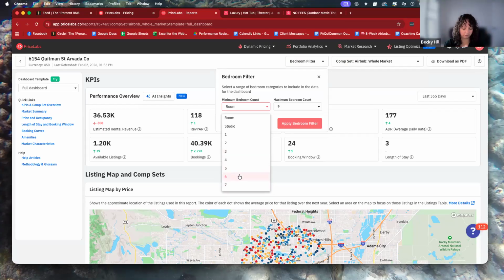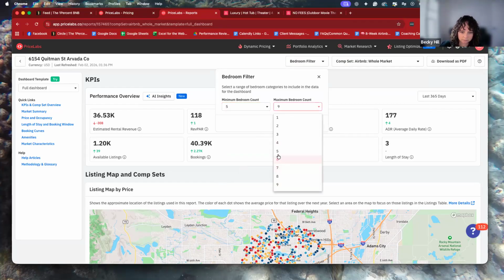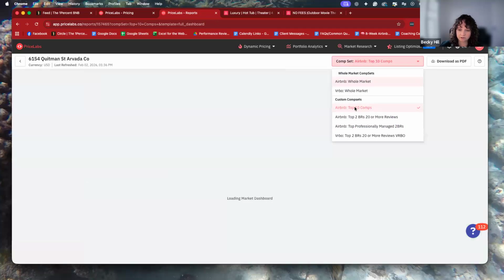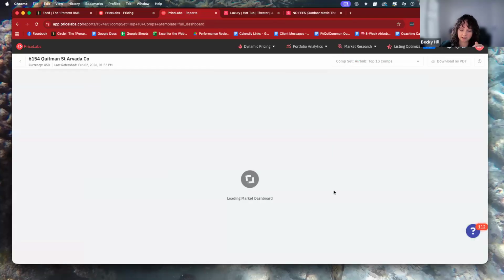There's a difference between comparing larger homes and then being specific when you're coming to your nightly rate and revenue and numbers and looking specifically at 5 bedrooms. So you can either come in here and look at all 5 bedroom properties, or you can change your comp set to the one that we just picked. And that means everything in here is based off of those 10 comps.